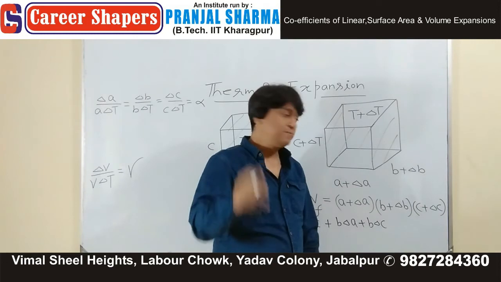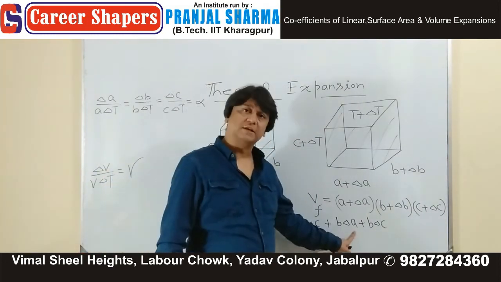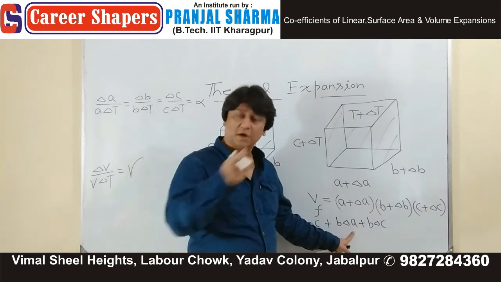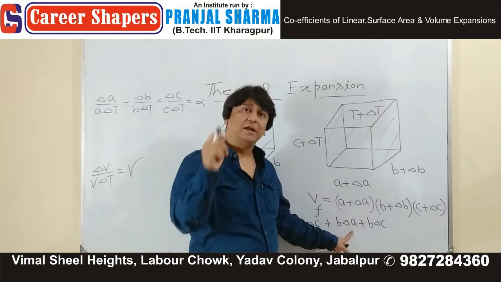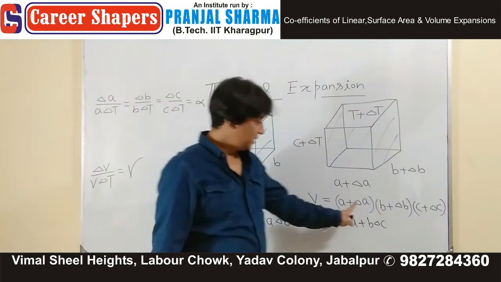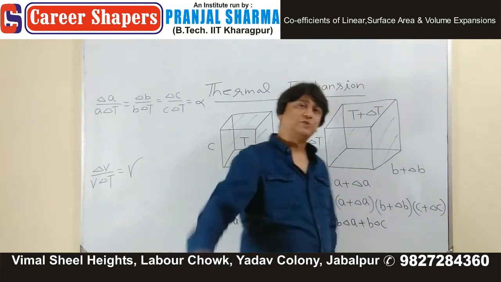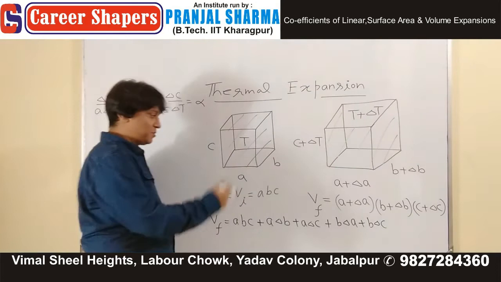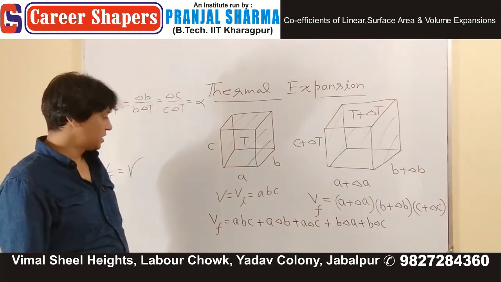Apart from the dx, dy, dz terms, you're also getting terms of dx into dy, dy into dz, dz into dx, and dx into dy into dz. We know that these terms are negligible and therefore I will not represent those terms. We'll take only those things which are useful for us.